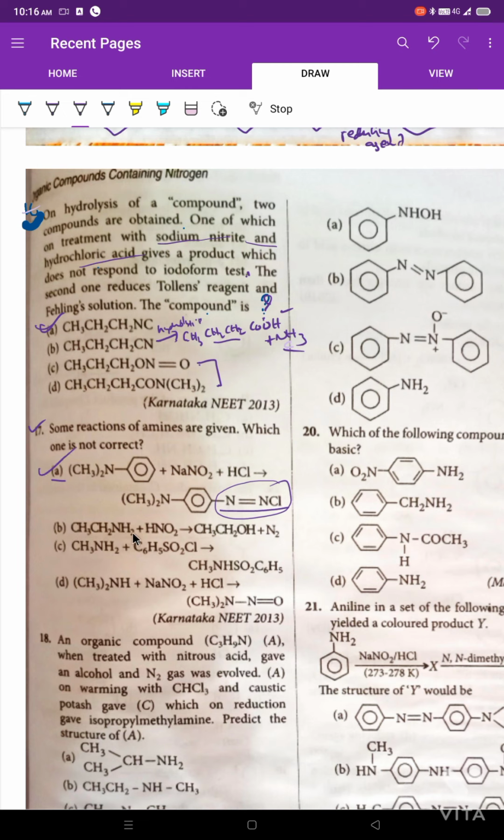For the remaining options, observe what happens. Amines on reaction with HNO2 give diazonium salts. Aliphatic diazonium salts are unstable and are converted into alcohol. So this is correct.